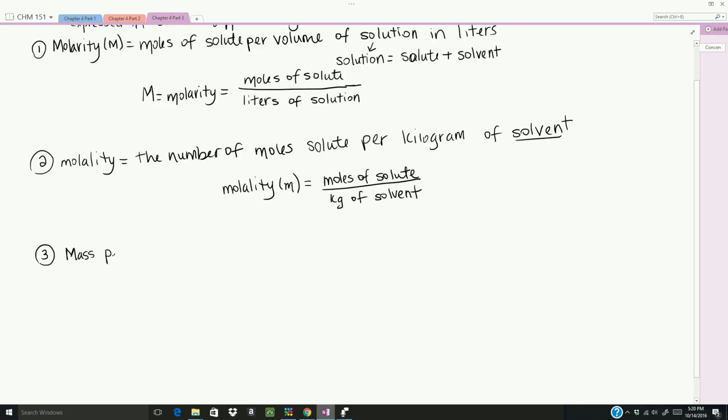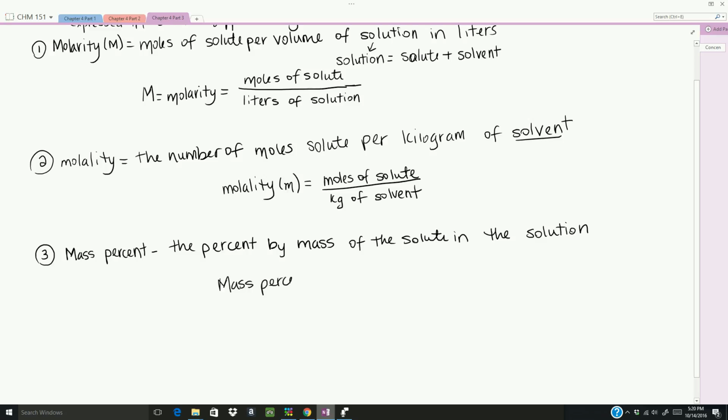Another way you can express concentration is by mass percent. Mass percent is the percent by mass, if you haven't guessed, of the solute in the solution. The formula for that is mass percent, and there's not an abbreviation for that.